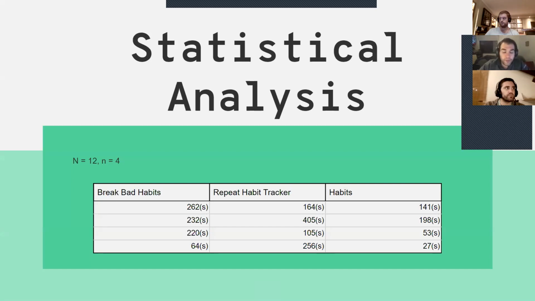Therefore, we have three conditions, one for each application. Considering this condition, we decided to apply one-way ANOVA, as I mentioned, for the statistical analysis. We use the total time taken within each application as the dependent variable in order to resolve our hypothesis.